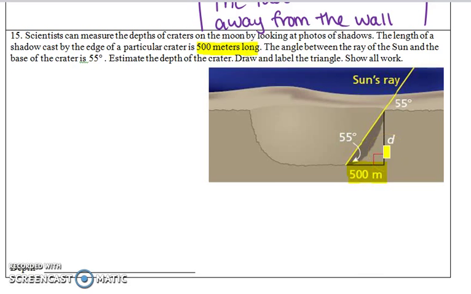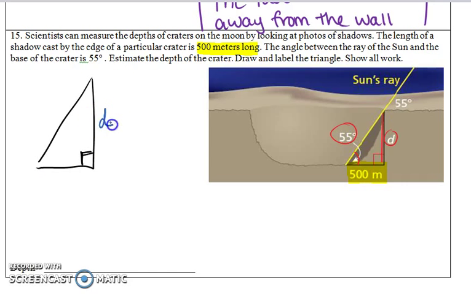It says that the angle between the ray of the sun and the base of the crater, which is right here, is 55 degrees. They now want us to estimate the depth of the crater, which is labeled here as D. So to simplify the triangle, we've got our 90-degree angle going on here.